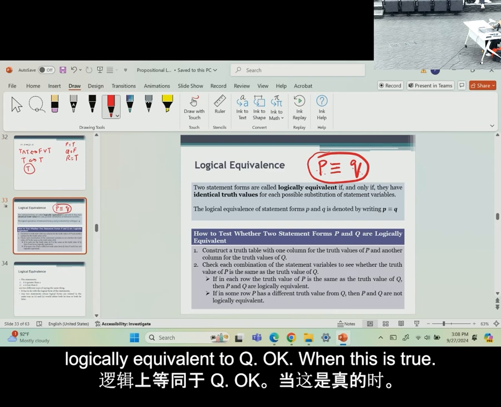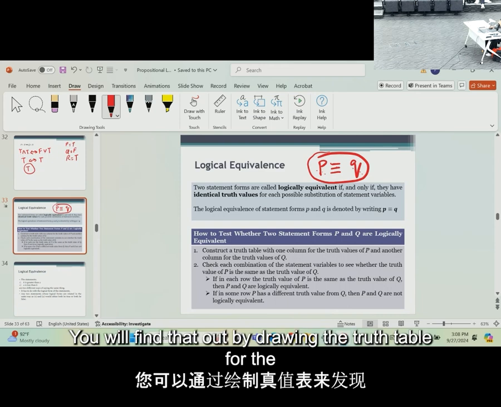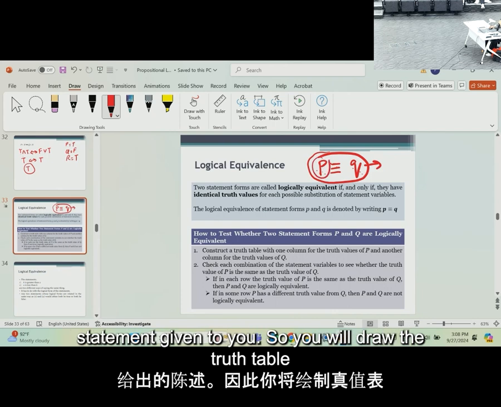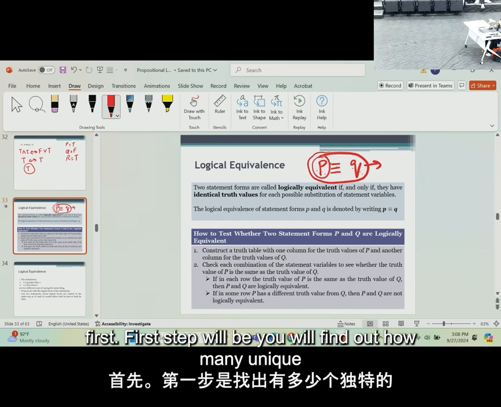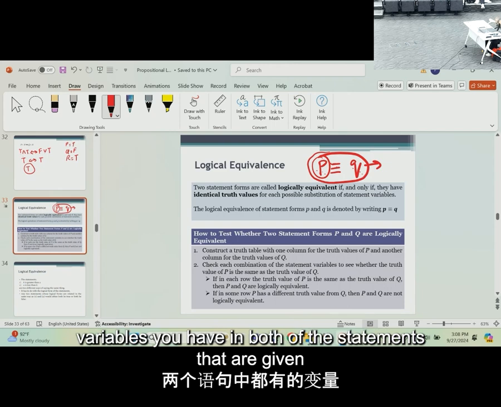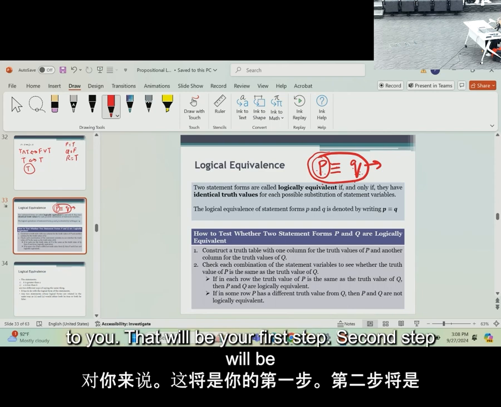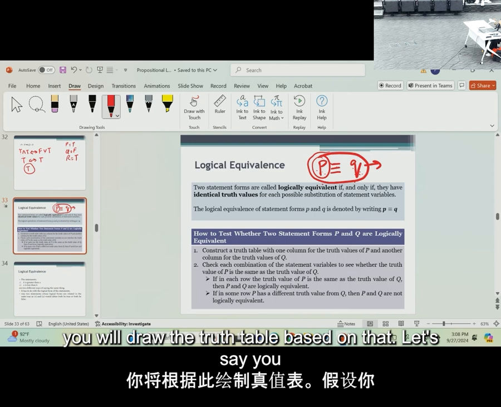Okay? When this is true, you will find that out by drawing the truth table for the statements given to you. First step, you will find out how many unique variables you have in both of the statements that are given to you. Second step, you will draw the truth table based on that.